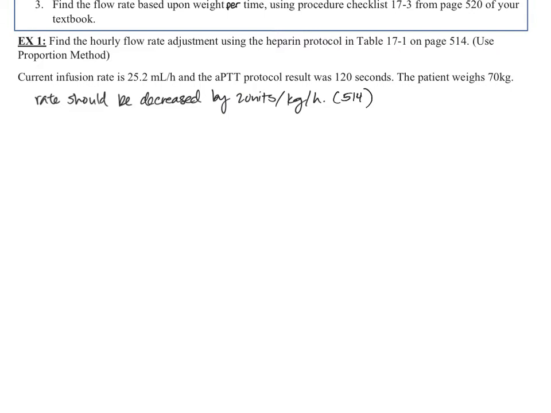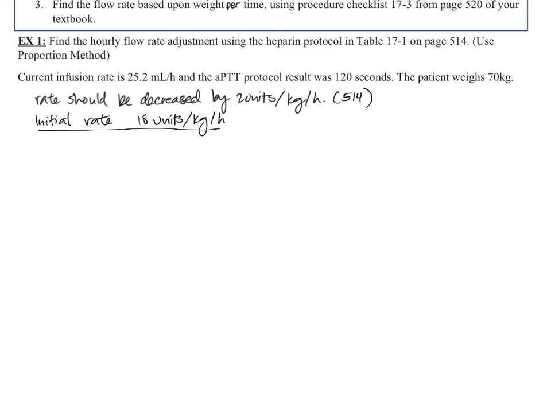Alright, so we know this from the chart. Also from the chart, we know that the initial rate for heparin is 18 units per kilogram per hour. Once again, both of these pieces of information are read off of that chart on page 514.